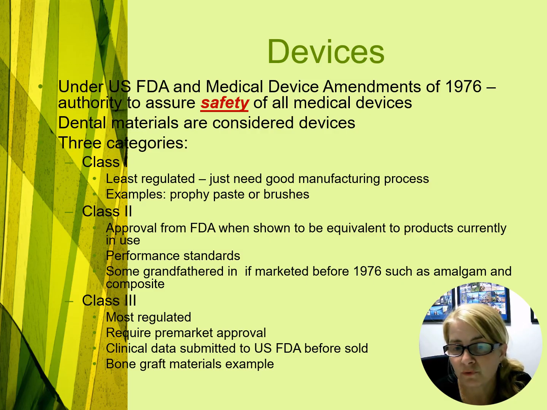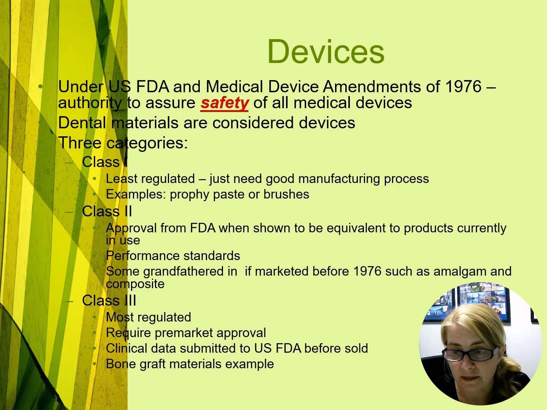Class 2 is approval from FDA when shown to be equivalent to products currently in use. So some items are grandfathered in like amalgam and composite, but pulp testers fall under this category and cabotrons fall under this category. Class 3 is the most regulated, and this requires pre-market approval and clinical data has to be submitted. So bone graft materials.